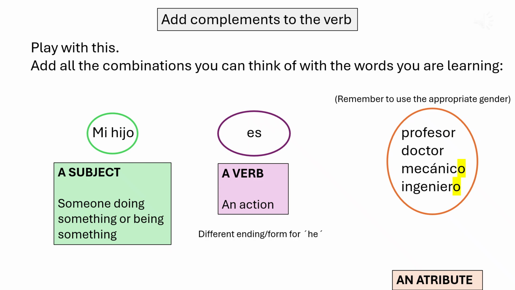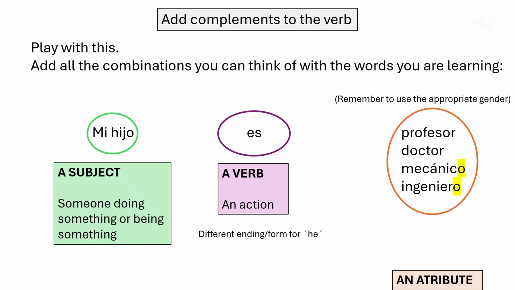So again, we're going to add complements to this verb. We started with mi hijo es, my son is, exists, is, es, and now actually I'm going to add an attribute, a characteristic about him, a trait about him. In this case, it can be a profession, it can be nationality. So play with this, add all the combinations you can think of with the words you are learning.